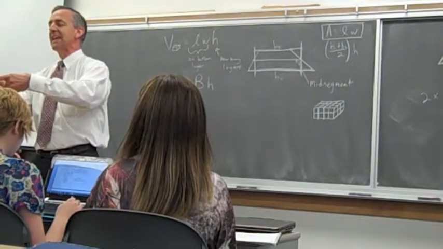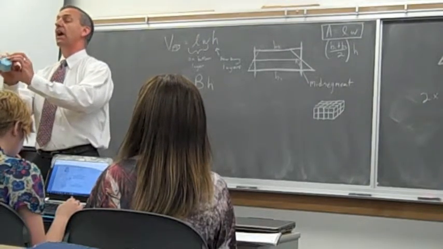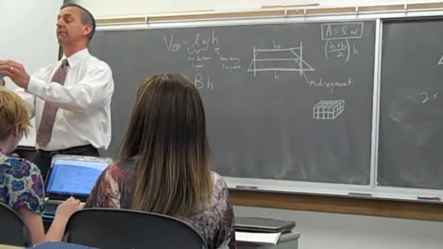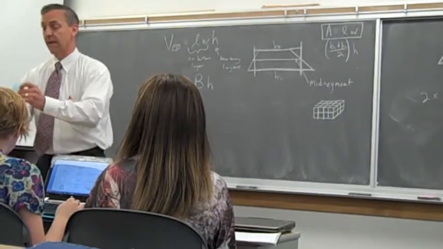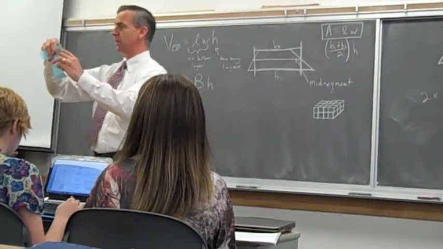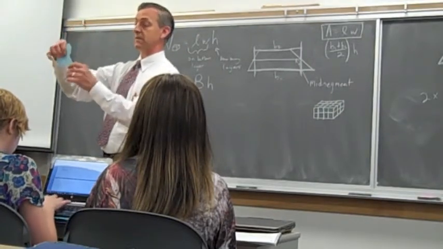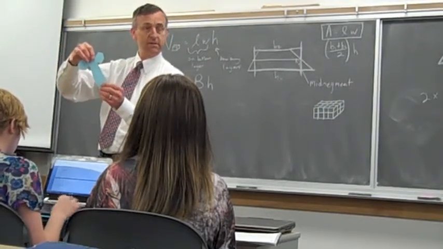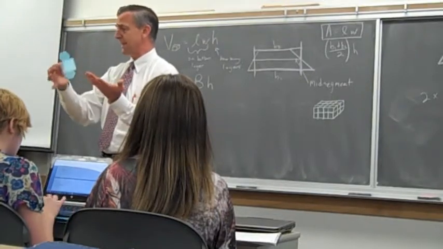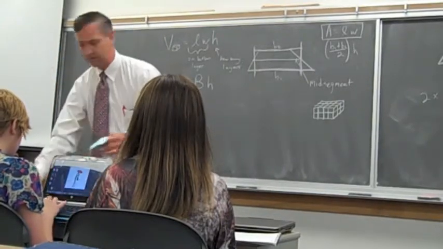If you make a net and then unfold it, the net is just a covering. Unfold it, and now I have a two-dimensional surface. There's my 2 hexagons, there's my 6 rectangles, and add them all up. That's how you do everything. Okay?